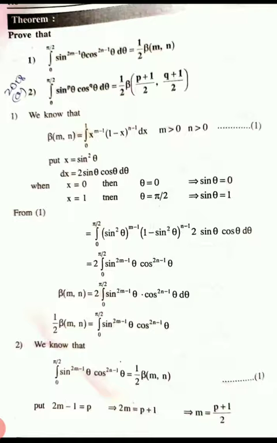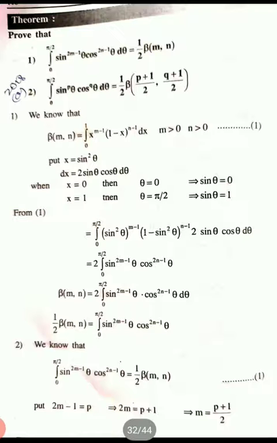Once again, 1 minus sine square theta is what? Cos square theta. And cos square theta, the power is 2 and n minus 1, we get 2n minus 2. And then already the cos power is 1, we get cos 2n minus 1 theta and d theta. Okay, the print mistake, the d theta is not printed, you have to write it here. Next, 2 is a constant, take it outside. What is remaining?